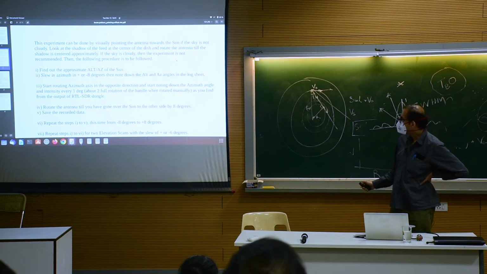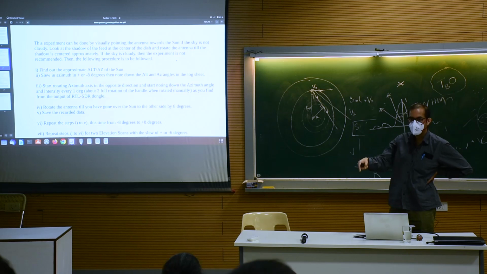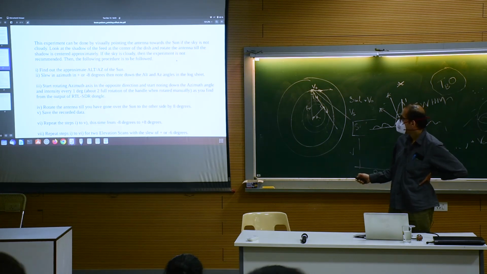So look at the shadow of the feed at the center of the dish, and then rotate the antenna till the shadow is centered approximately. That means the shadow falls on the apex of the antenna, that is, at the center. If the sky is cloudy, then the experiment is not recommended, and the following procedure has to be followed. So basically you find out the approximate alt-azimuth of the sun, slewing the azimuth plus minus 8 degrees.